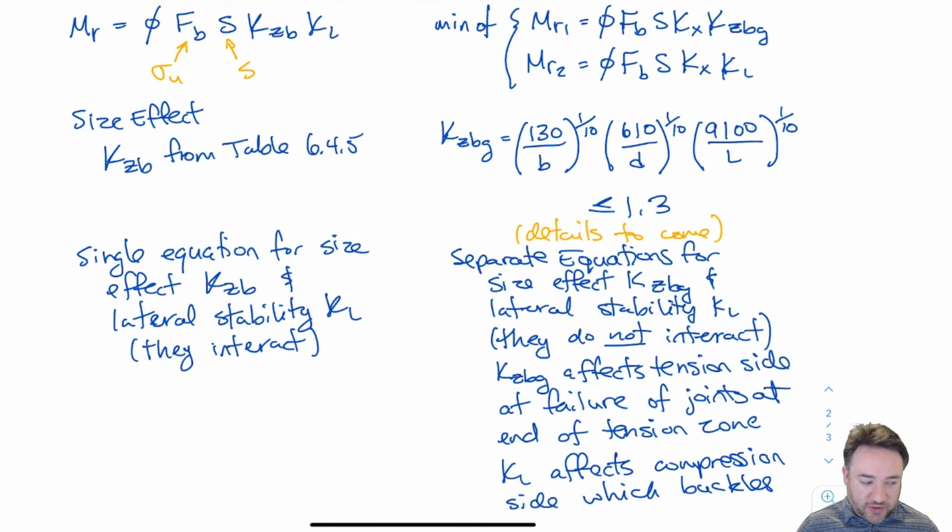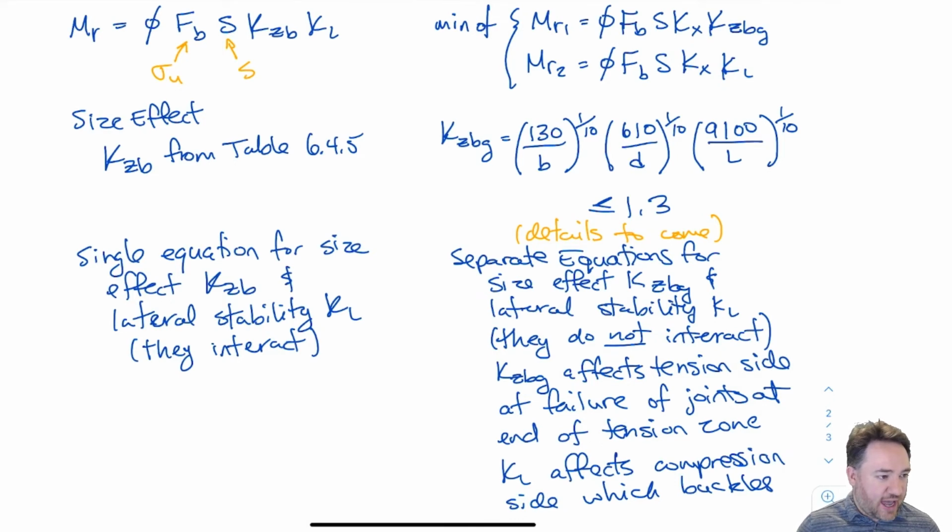And we are going to talk about size effect for glulam in a bit of detail in a minute, because there are some peculiarities to determining the factor L, which is the length of the tension zone, not the total length of the member. We're going to go into that in detail.